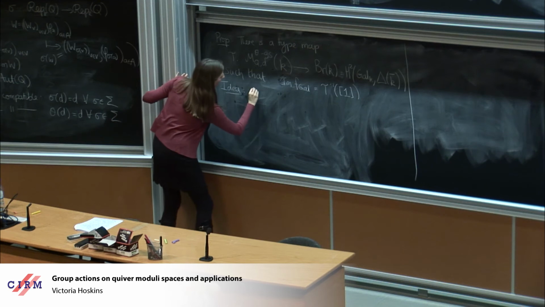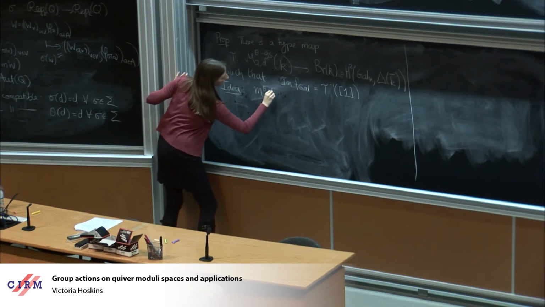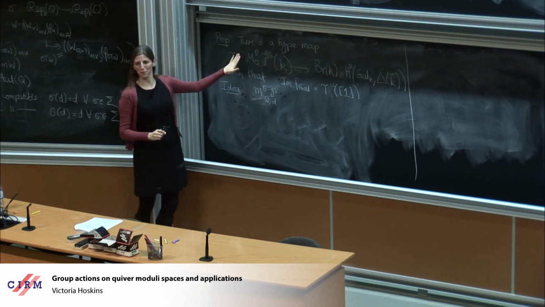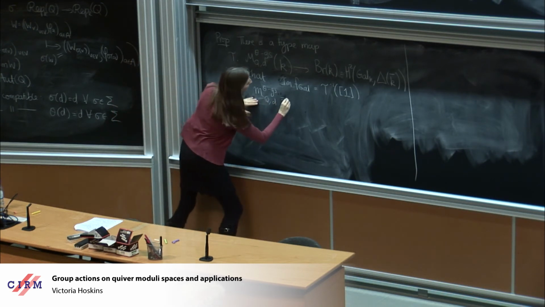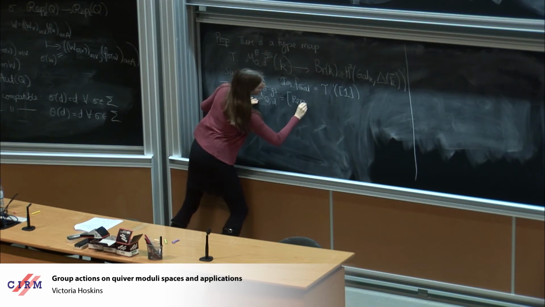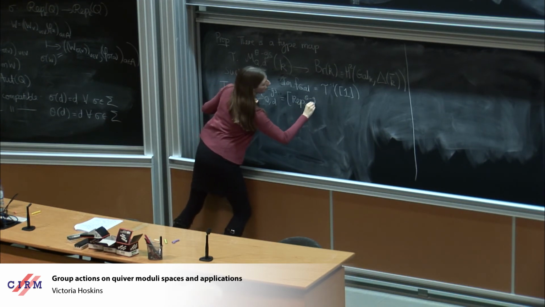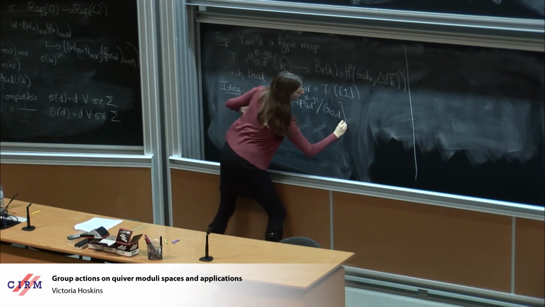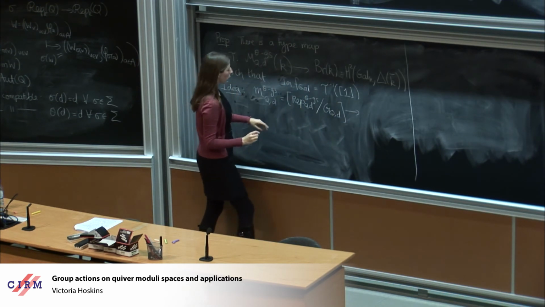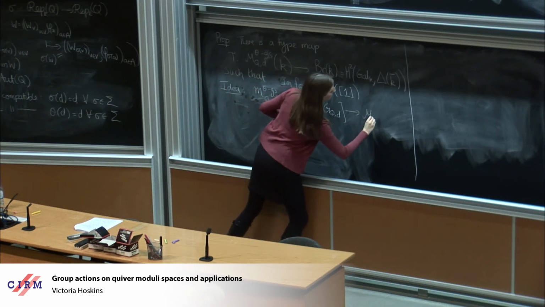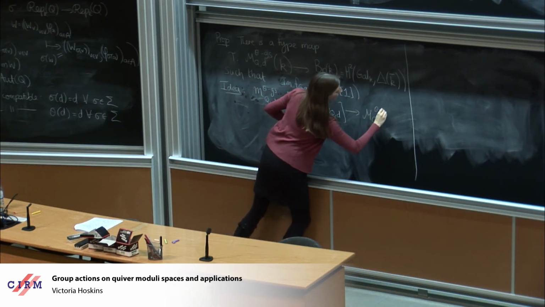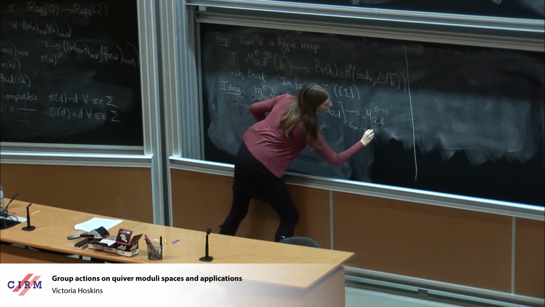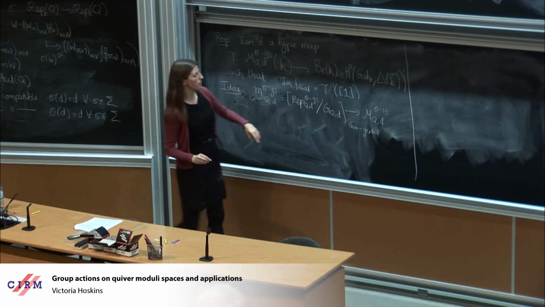And so if we look at the stack, so sorry, this M is different from this M. So this is the stack. It's a quotient stack with coarse moduli space given by this moduli space here. And this is a G_m gerbe by the second point in this remark here.